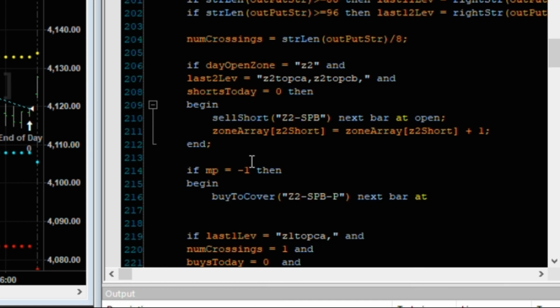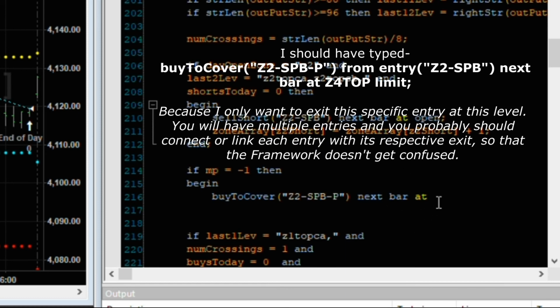That is Z4, and this is the nomenclature that you'll get when you buy the manual. All this nomenclature will be in there for you. I want to get out on a limit order at Z4 top on a limit.